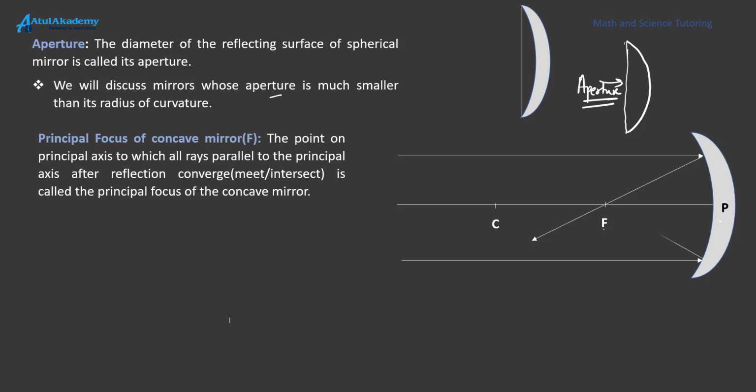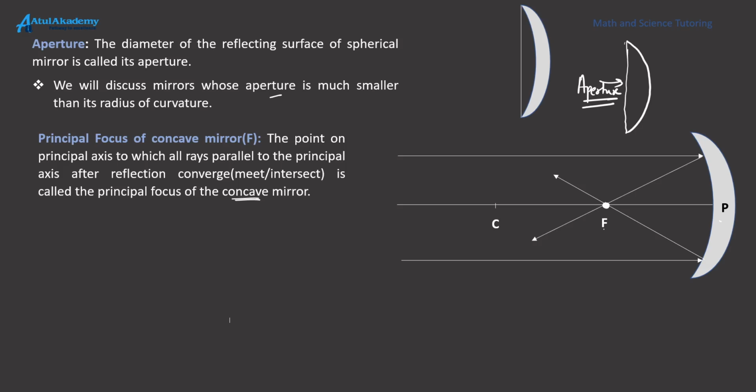They are reflecting back through one point. The point on the principal axis to which all rays parallel to the principal axis converge after reflection is called the principal focus of the concave mirror. Sorry, the concave mirror, not convex. After reflection they are all converging at one point. That's called the principal focus of the concave mirror.